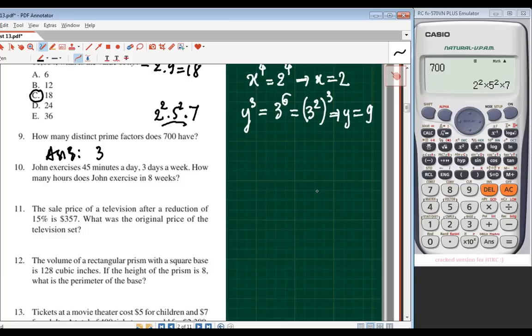Question number 10. John exercises 45 minutes a day, 3 days a week. How many hours does John exercise in 8 weeks? First, we need to calculate the number of minutes John exercises each week.